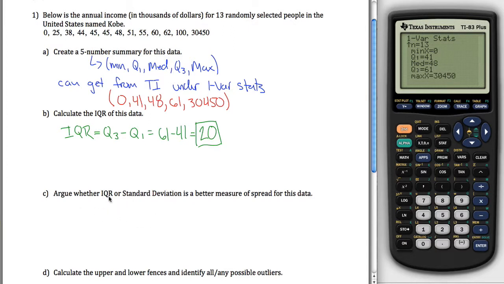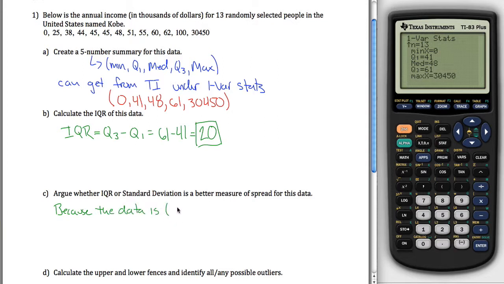The basic idea is use standard deviation if your data is approximately normal. Use interquartile range if the data is skewed or you're worried about outliers. This data is pretty skewed. It's definitely got an outlier up here, but it's pretty skewed even without that. Well, maybe it's more symmetric without that.